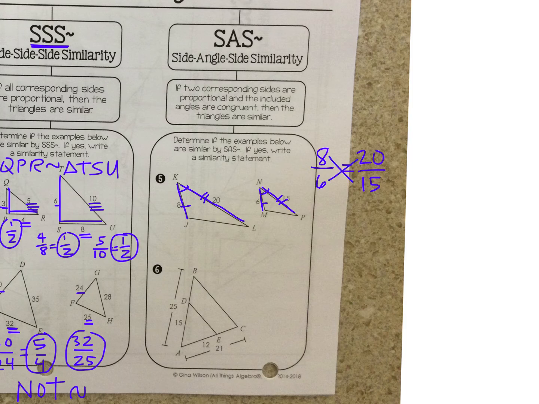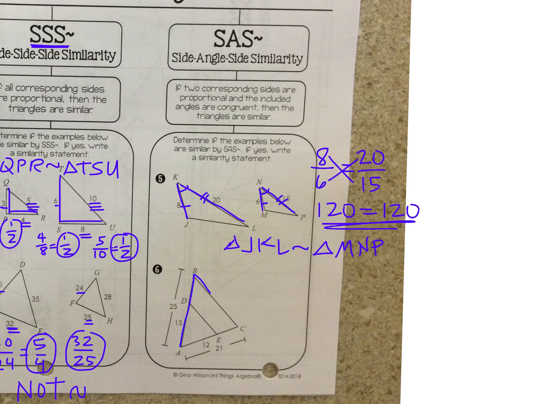If I cross multiply this, 8 times 15 is 120. 6 times 20 is 120. That's equal, so that means they're similar. So I'm going to say triangle JKL is similar to triangle MNP.